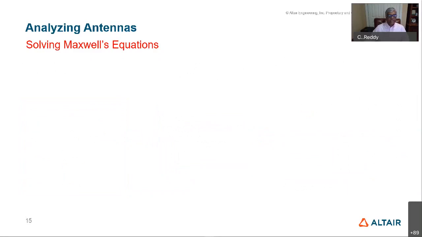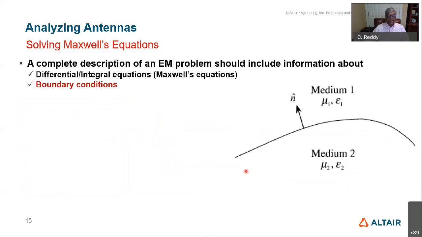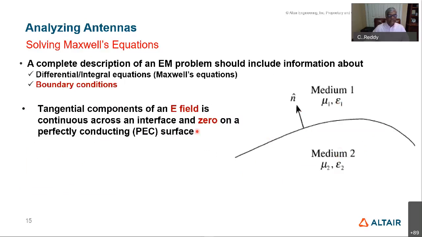So in addition to that, you also have to satisfy the boundary conditions at every interface of the medium. For example, medium 1 is this one and medium 2 is this. At the interface of the medium, you have to have boundary conditions. One is the tangential electric field is continuous across this boundary. If it's a perfectly conducting surface, then it is 0 at the surface.